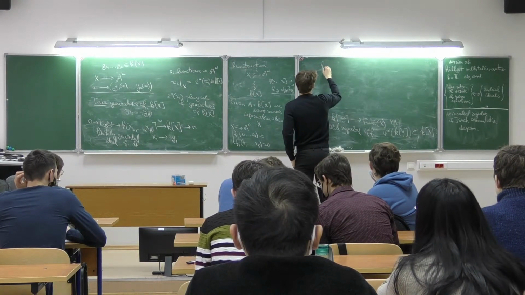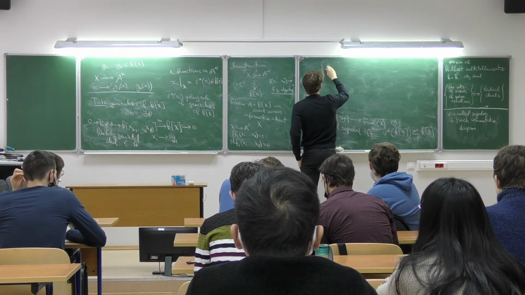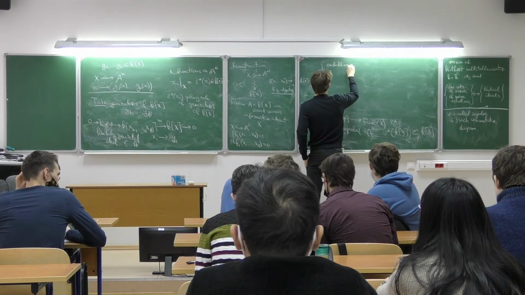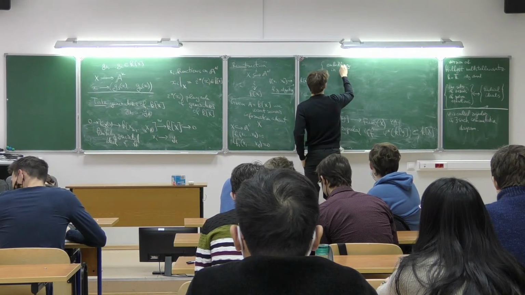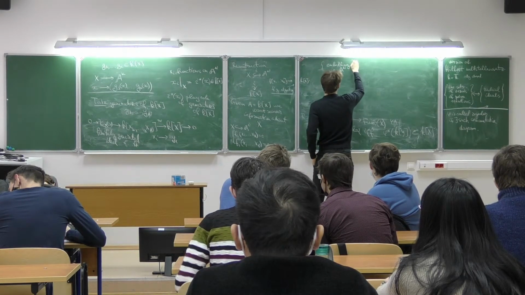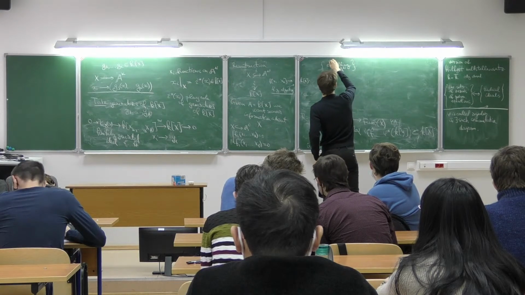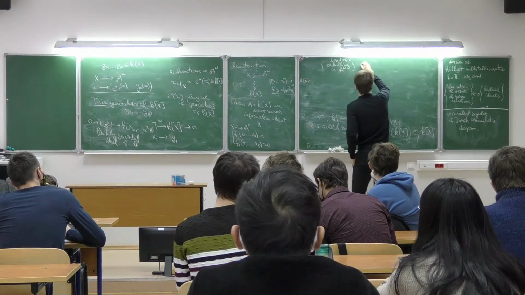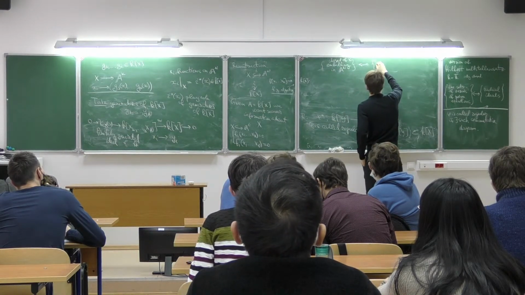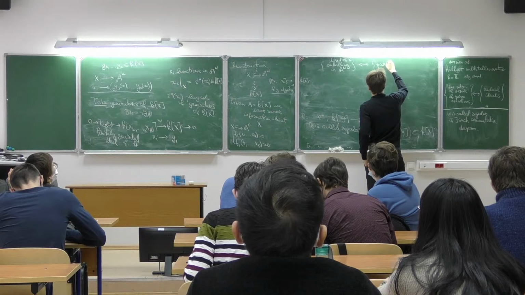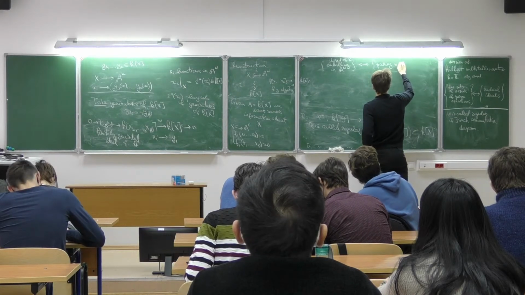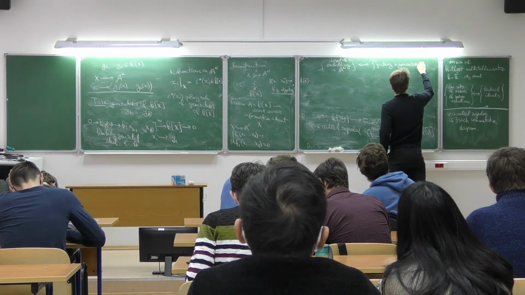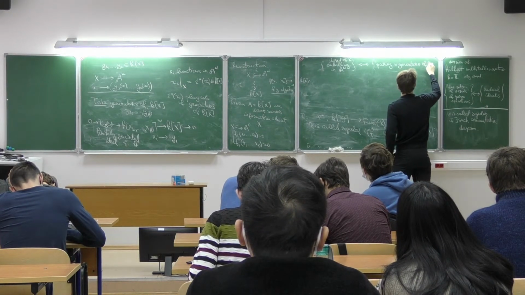Let me formulate this: closed embeddings of X as an affine variety in A^n are in correspondence with picking n generators of the algebra k[X].